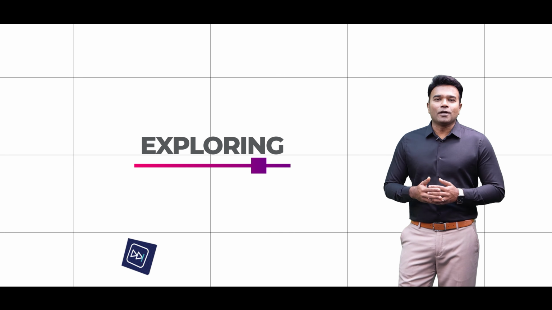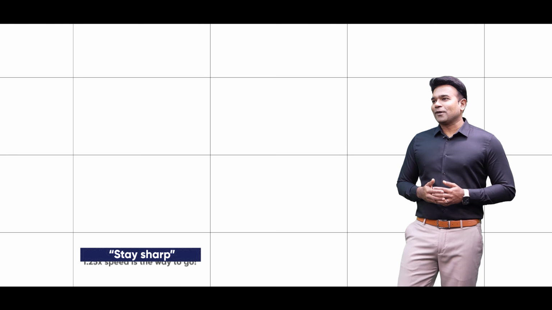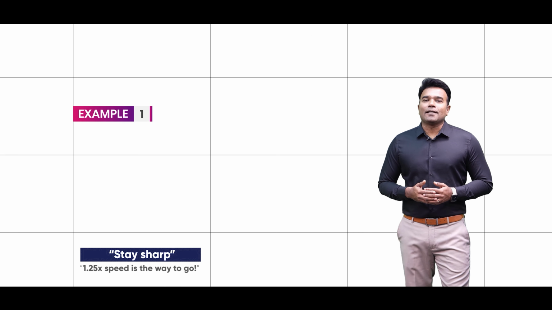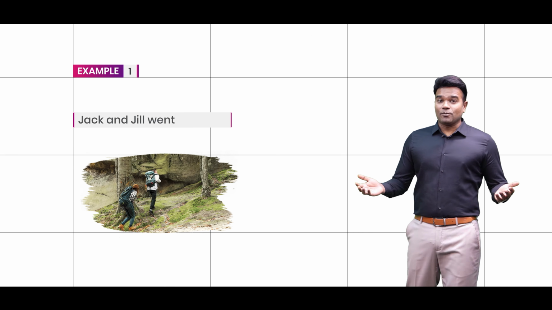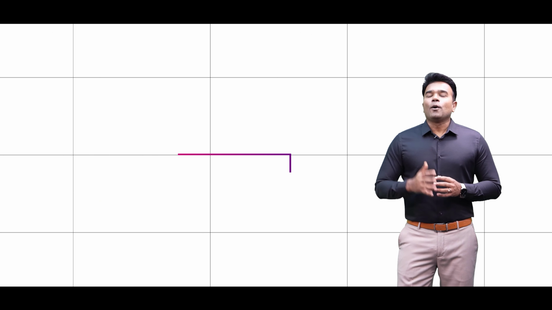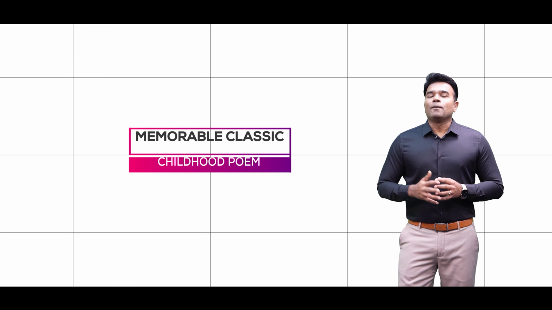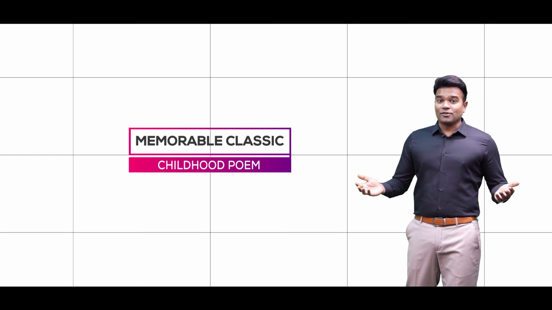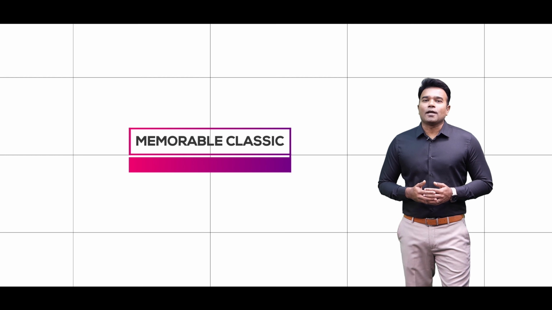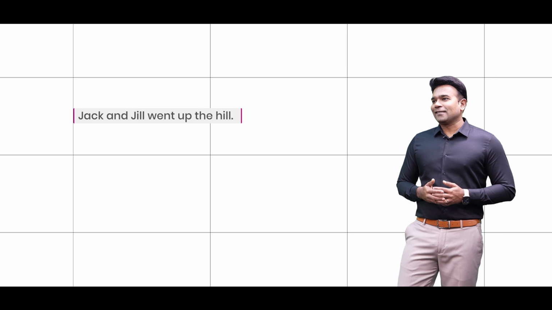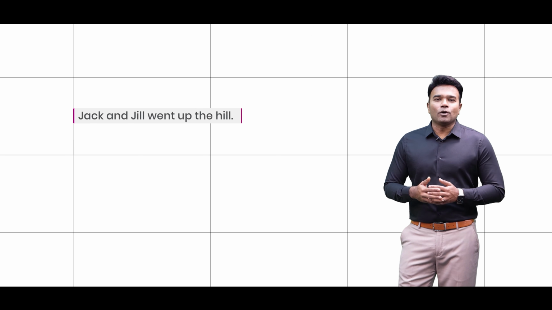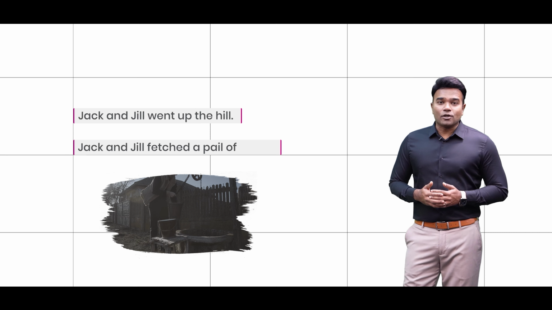Even before I dive deep and tell you what pronouns really are, have a look at this sentence. Jack and Jill went up the hill. I hope you recollect that this is one of the famous lines of the popular poems that we would have memorized during our childhood, and obviously the next line in this poem is: Jack and Jill fetched a pail of water.